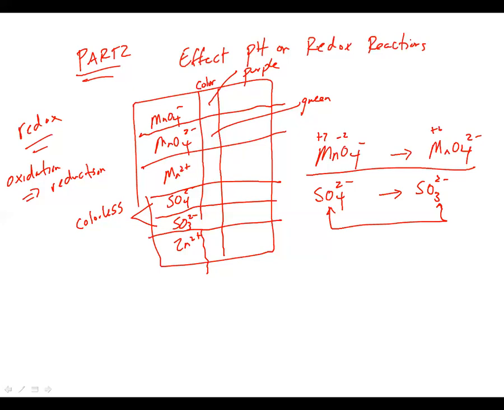So let's just say we did this purple and green. If you saw this evidence here, then you know that the sulfate and the sulfite reaction took place, and that would be your other half reaction. So there will be some in part two where you add, let me see which one you add here, if I can find it.